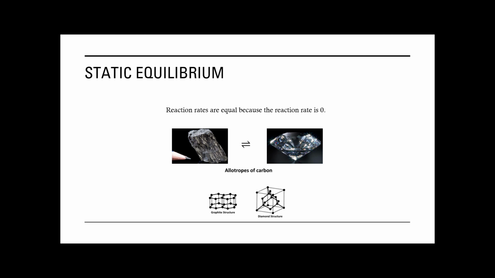And in this scenario, you have your two structures or two allotropes of carbon, but having either of those reactions actually occur with any large reaction rate is quite difficult and generally doesn't happen, certainly not at a fast reaction rate. So what we say is that we would observe this to be static, that if we had a piece of carbon as diamond, you wouldn't really see it turning into graphite, and vice versa, because the reaction rate of both of those things are just that slow.